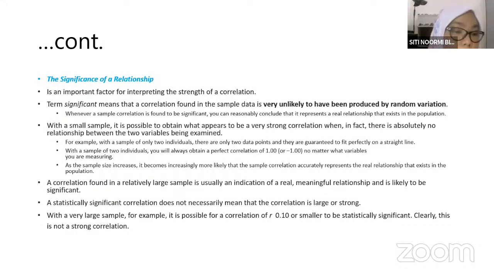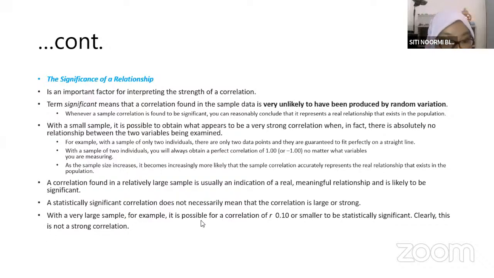A statistically significant correlation does not necessarily mean that the correlation is large or strong. So we need to bear in mind, if you found a statistically significant correlation, it does not mean that the r value also gives you a very strong relationship between the variables.